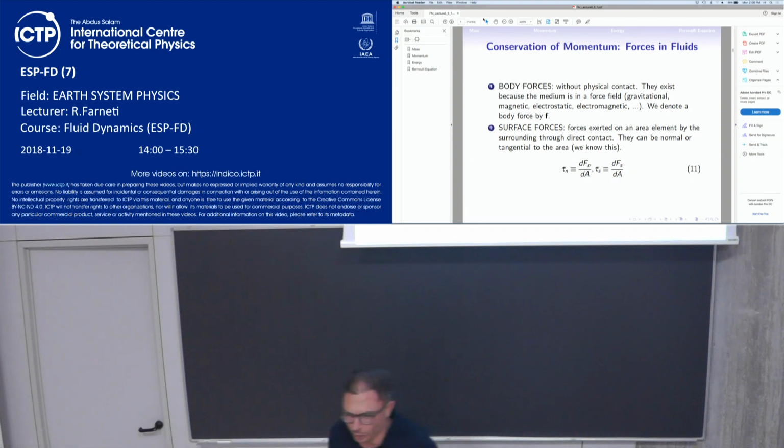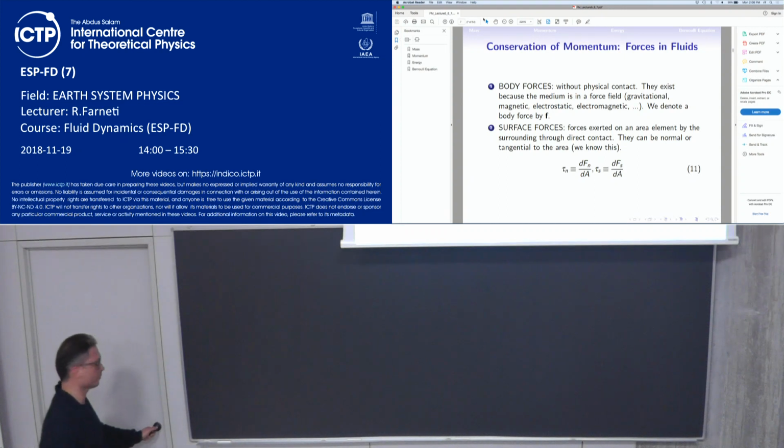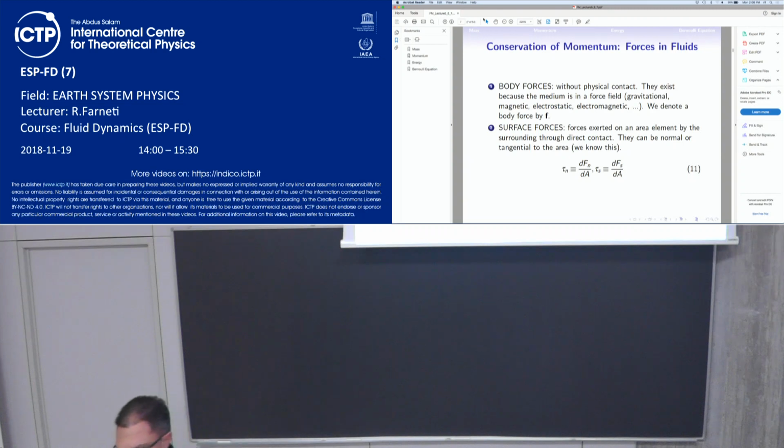So, let's remember what we did the last time. We looked at the conservation of momentum. We start with the continuity equation, and then we ask ourselves what are the forces acting on the element of fluid. There can be two kinds of forces. One is body forces, the forces without physical contact, which exist because the medium is in a force field.